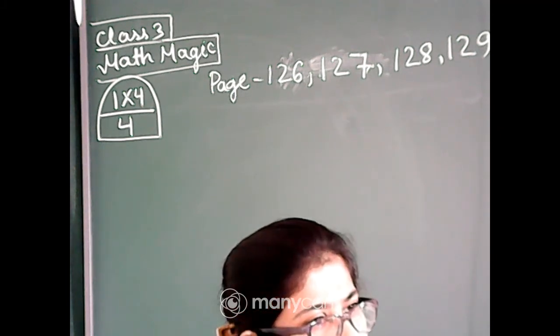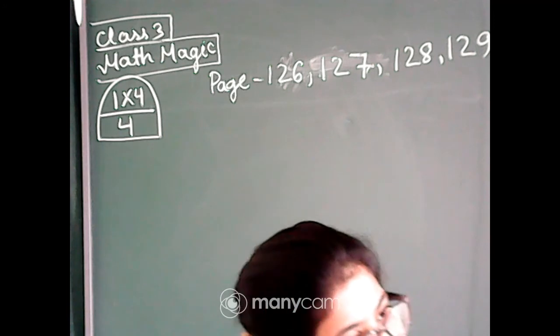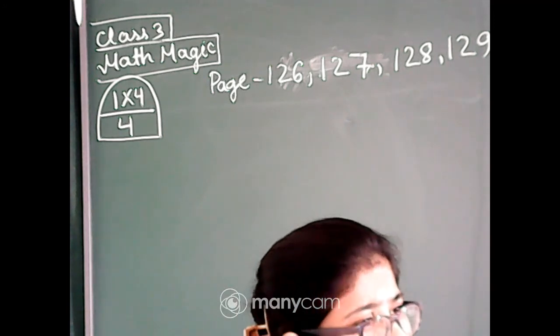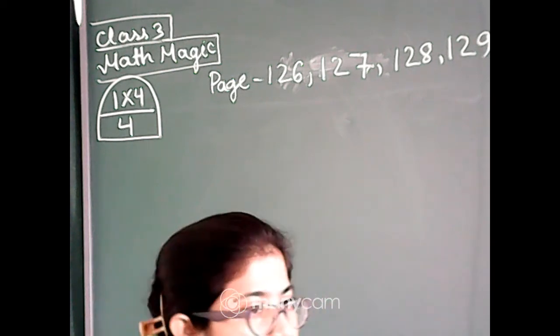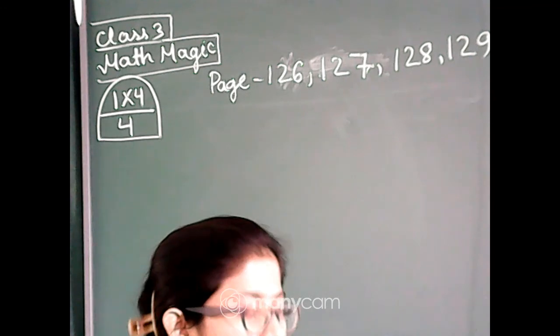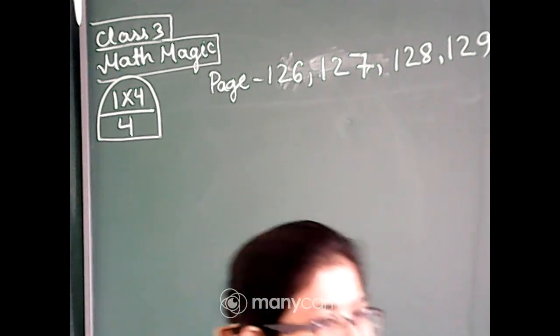Obhimanyu Gorai, page number 126. Why are the 1, 2, 3, 4 blanks missing? Fill up this one.